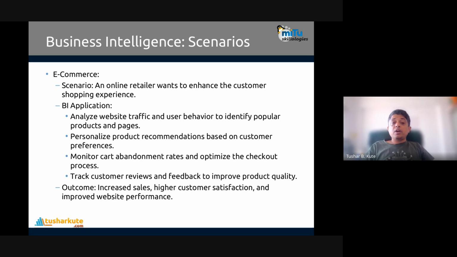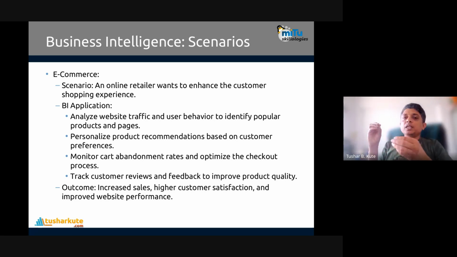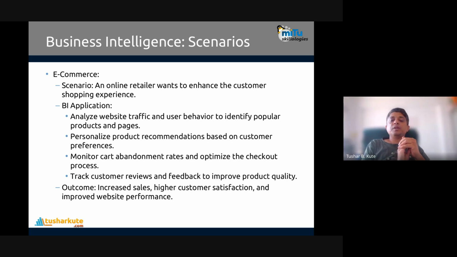They can monitor cart abandonment rate and optimize the checkout process, so customers are not just keeping products in their cart but actually purchasing. Finally, track customer reviews and feedback to improve product quality. Whether negative or positive reviews are more, suggestions can be identified based on that. All these processes are built into BI.